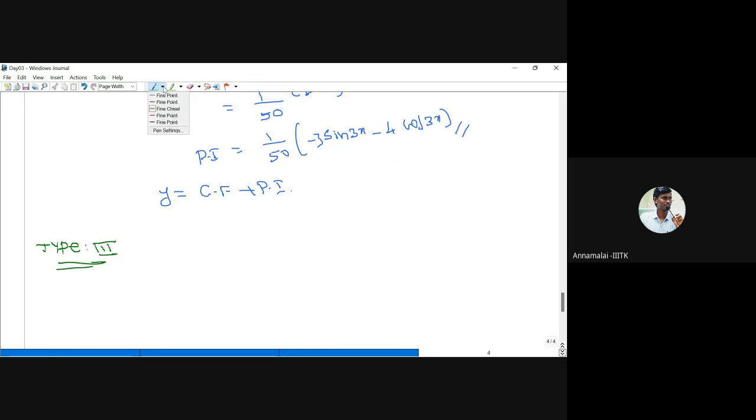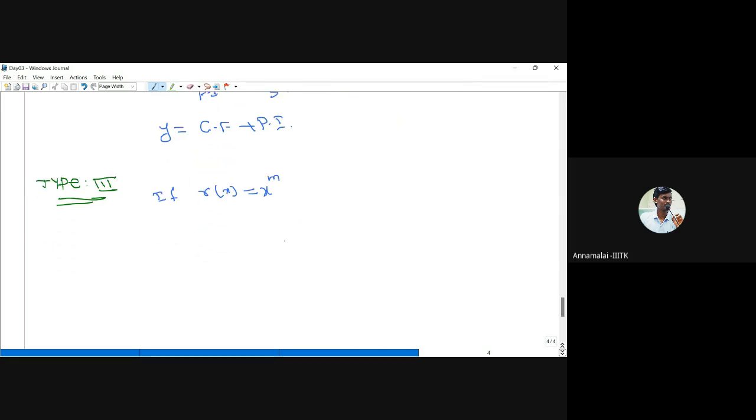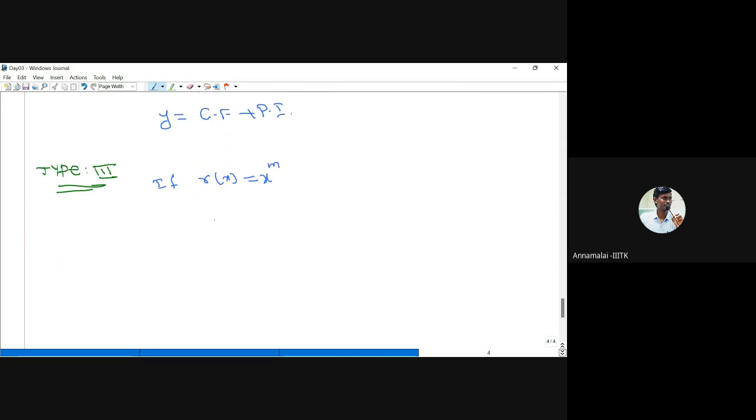The right hand side function r of x is some x power m, where m is any positive integer. Then what is the particular integral? y is nothing but 1 by f of d times x power m. We can simplify this into this form. Now we have to expand this.